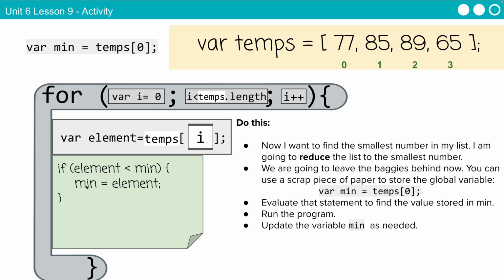So now our min is going to be set with the value of 65. We're going to increment one more after all this is said and done. i is now worth 4. Is 4, the value of i, less than 4, the value of temps.length? No. So the loop stops.